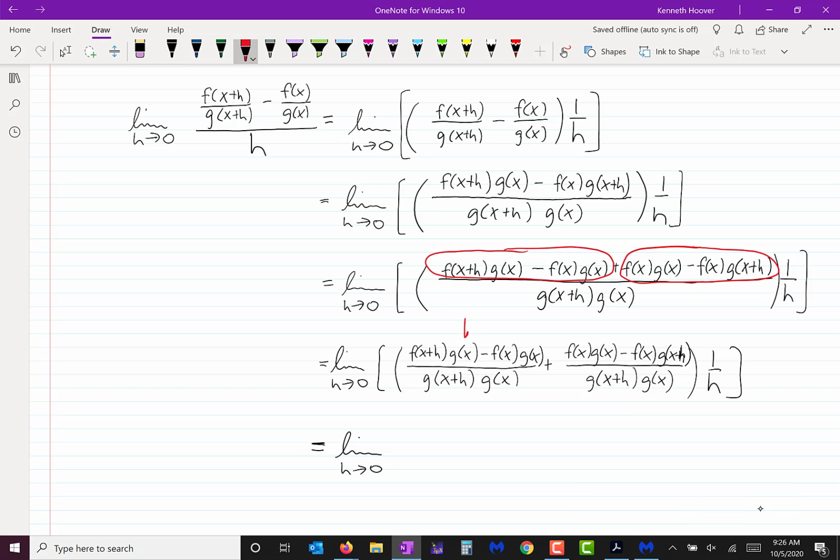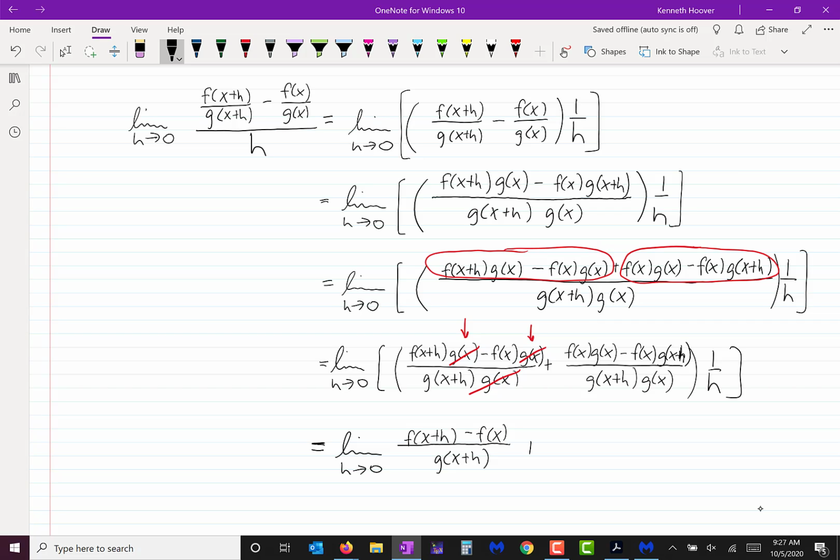Both terms on the top have a g of x, and I can factor that out, and then it will cancel out with the g of x on the bottom. So here's what I will end up with. F of x plus h minus f of x over g of x plus h. Okay?